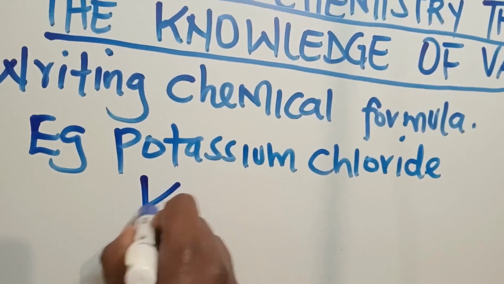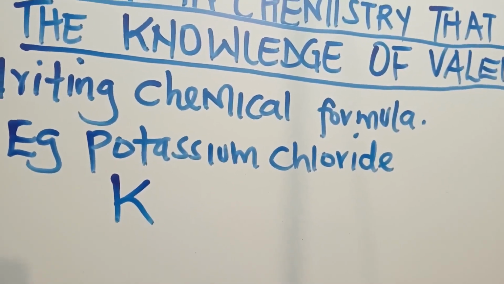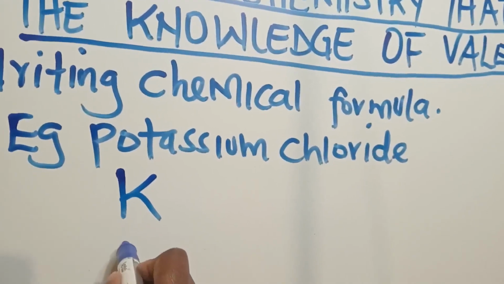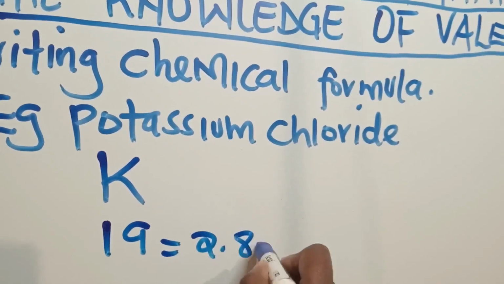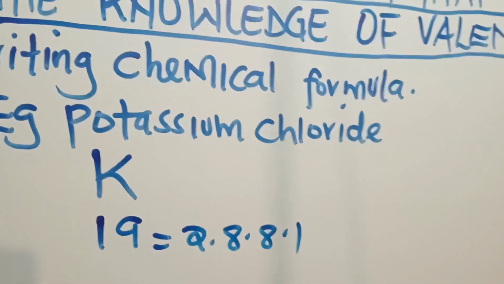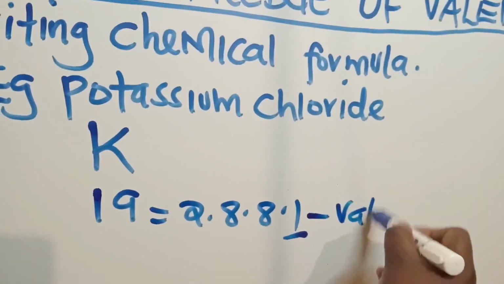Potassium, this is the symbol. It is in group 1, with atomic number 19 and electron arrangement 2.8.8.1. So it will be required to lose 1, meaning the valency is 1.